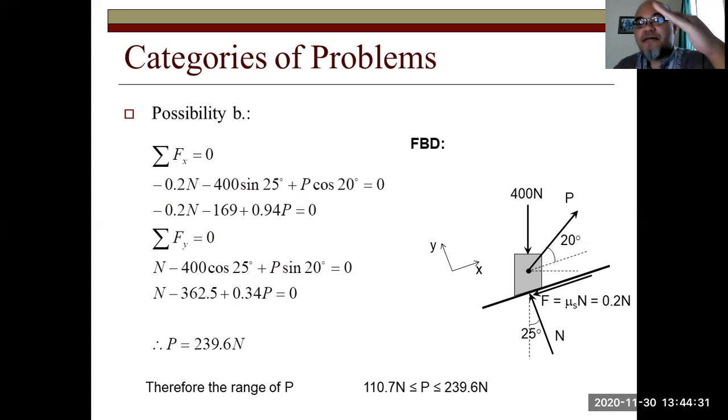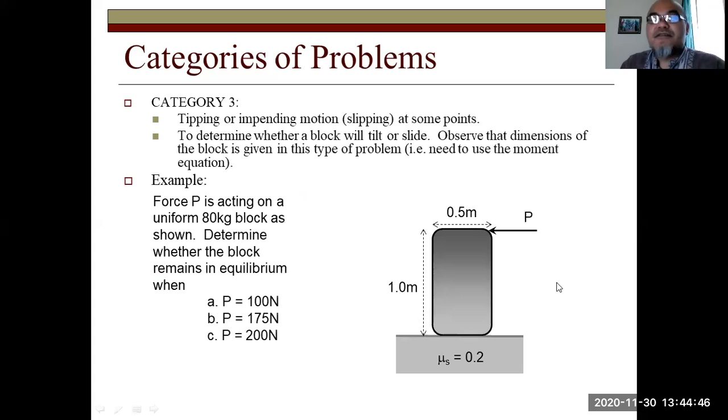The friction is going up. When P is equal to 239.6 Newton, it is on the verge of moving up. Yeah, so it means the friction is going down in this case. Okay, so this is a category 2 problem.